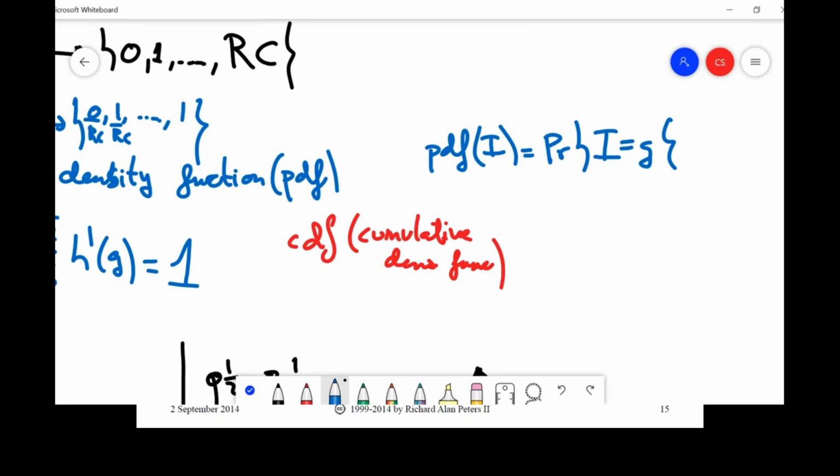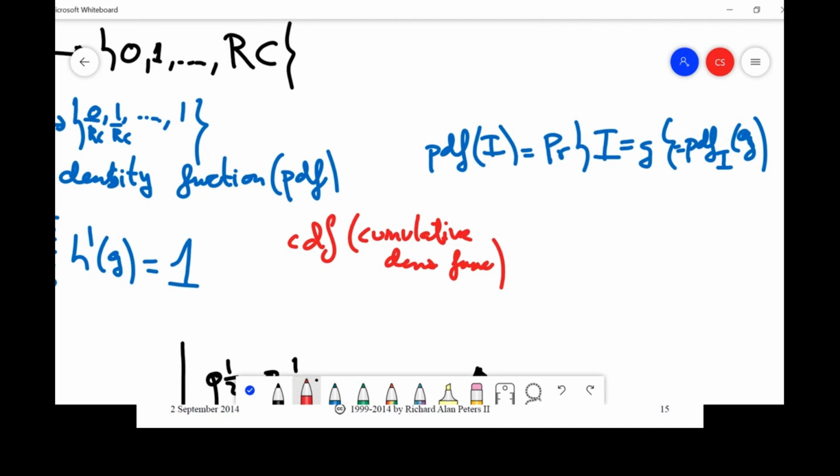Okay, so what is the CDF? So PDF is a function whose argument is G. You can also write it like this. Okay, so it is the probability that the image I takes the value G. So what is the CDF?